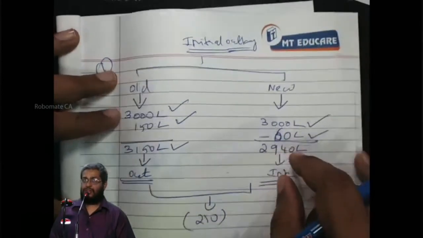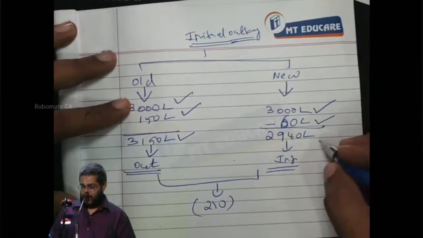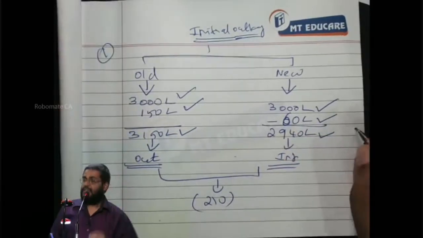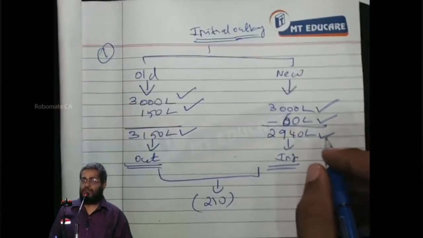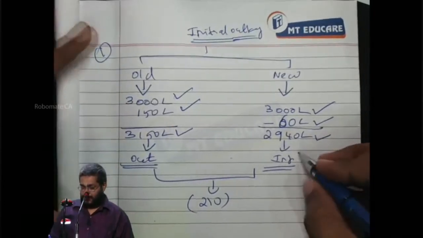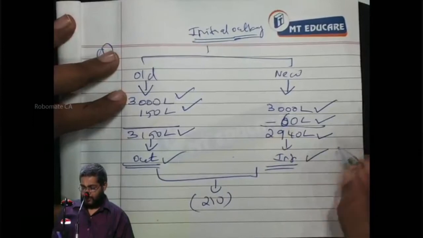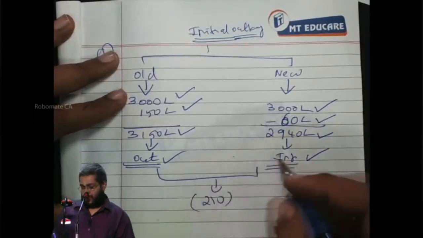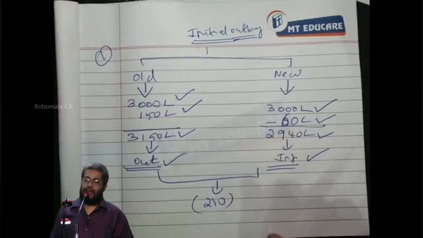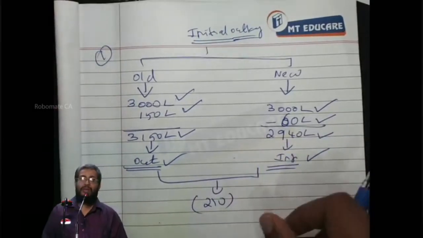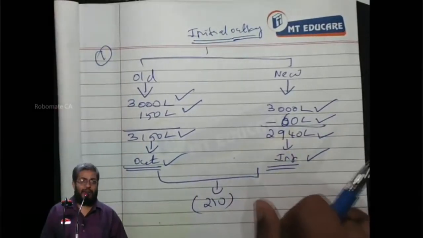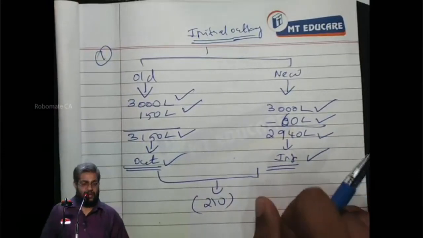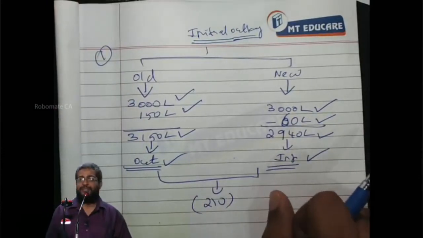What is the net proceeds? 2,940 lakhs. Inflow or outflow? Inflow. Block these two and say net outlay, 210 lakhs.